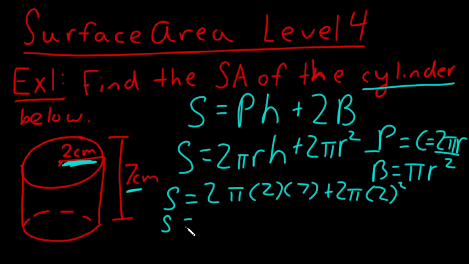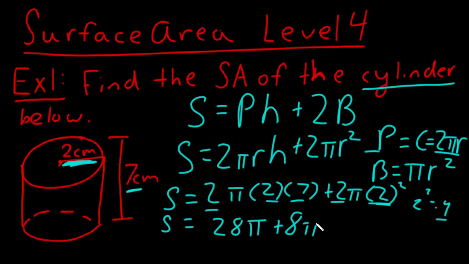And let's start simplifying that. We know that 2 times 2 is 4, and 4 times 7 is 28. And so we're going to write 28 pi, and we're going to leave that just like that. Plus, we know that 2 squared is equal to 4. And so we know 4 times 2 is going to be 8 pi.